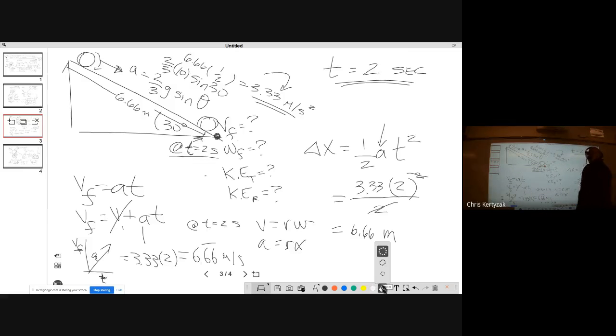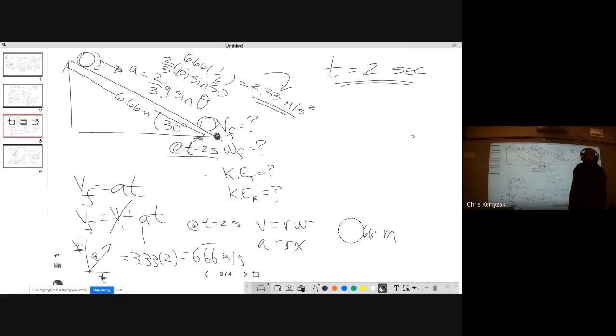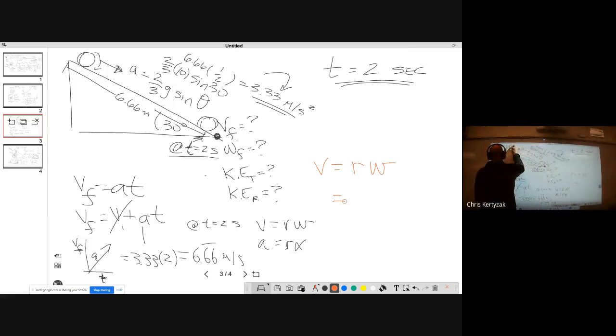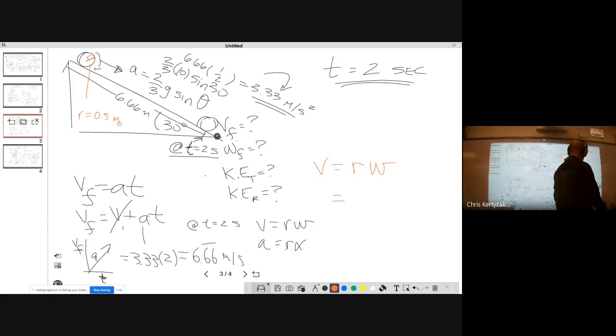So if we know the linear speed of any rolling object and we're asked what is its rotational speed, it's just v equals r omega. So I'm going to have to pick an r, which I haven't done yet. Let's just say r is a half a meter, 50 centimeters. That's big. This is a big ball or a big disc. Whatever, doesn't really matter. So let's just say r is 0.5.